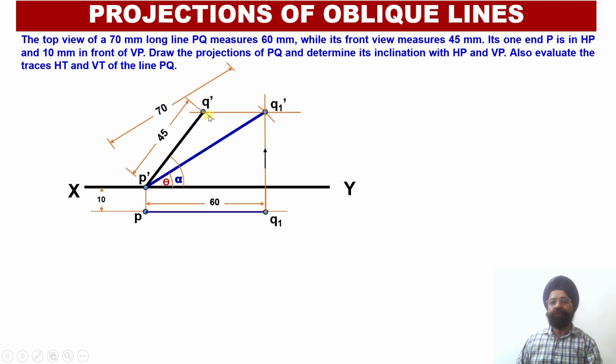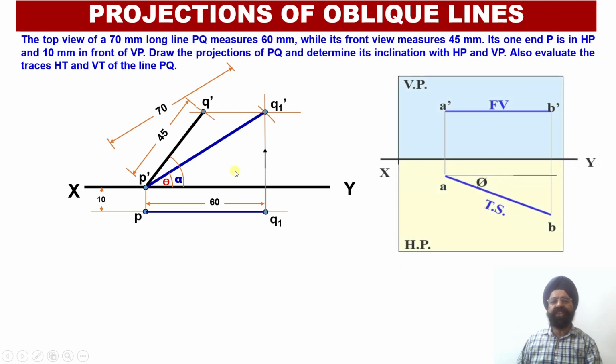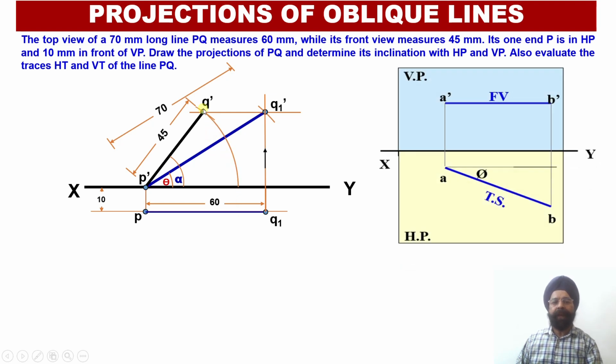Now we have to rotate this elevation projection line in such a way that we make P dash Q dash parallel to the horizontal plane, because we know that whenever our elevation projection line is parallel to the horizontal plane, in the top view we will be able to obtain the true length of this line over here.